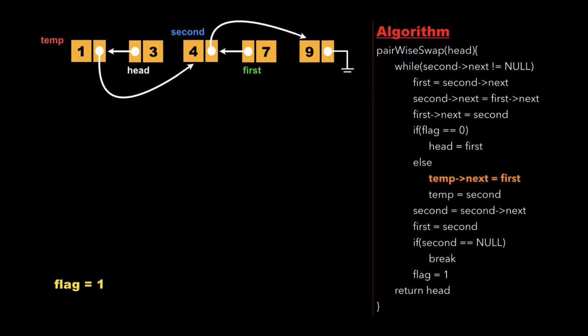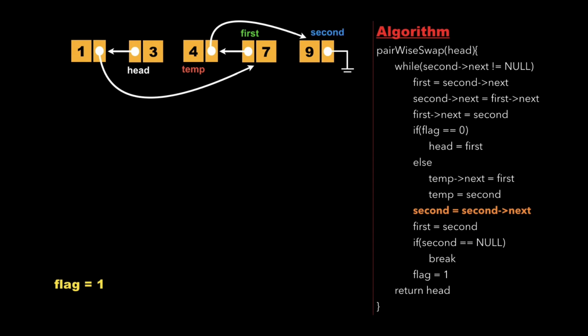We make temp of next as first, that is the next pointer of the node 1 which was initially pointing to 4 will now point to the node 7 and we make temp as second, so the pointer temp will now be pointing to 4 and we update second as second of next, so second points to the node 9.